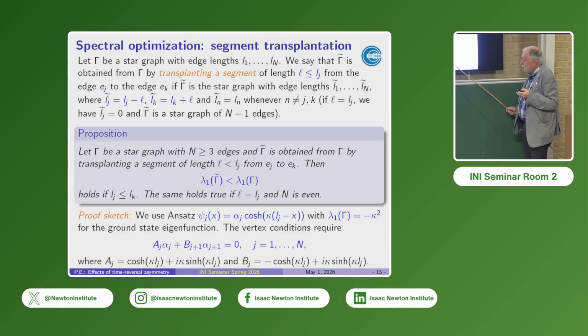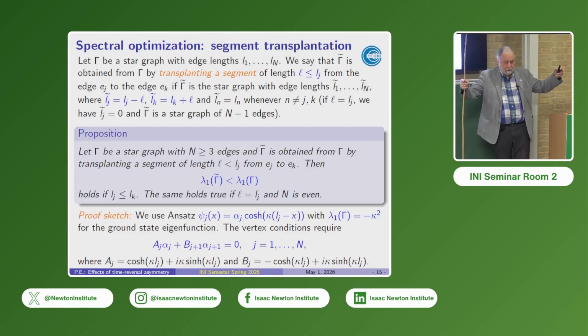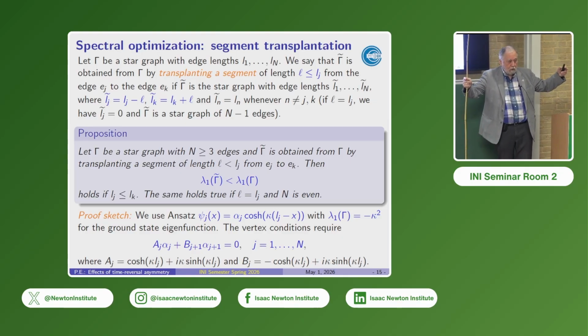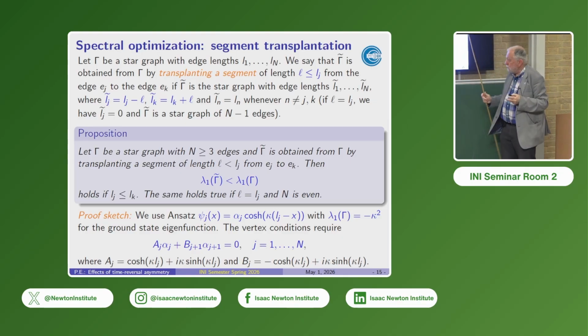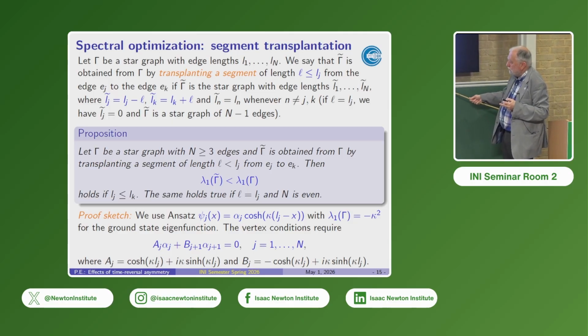You take the ansatz for the solution, supposing that my star is a finite star with a Neumann condition at the edges. Then the ansatz is just a hyperbolic cosine, and the vertex condition requires that I have this condition here.